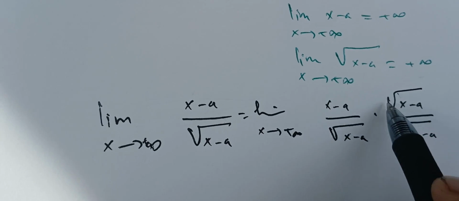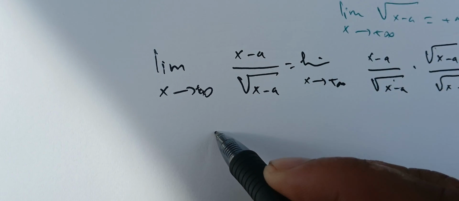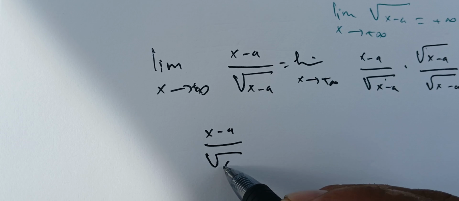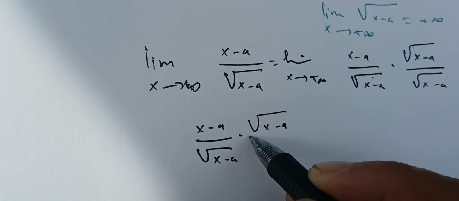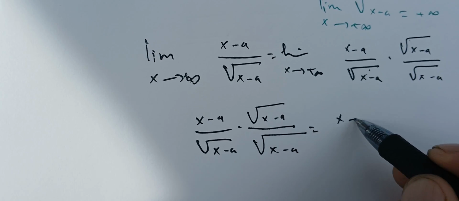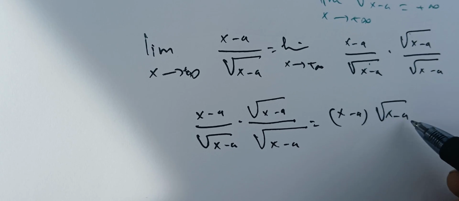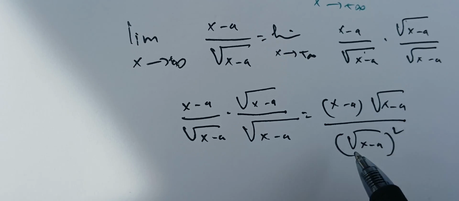So next, we see that we can simplify, because x minus a over the square root of x minus a, times the square root of x minus a over the square root of x minus a, is going to be x minus a times the square root of x minus a on top, but on the bottom we're going to have the square root of x minus a squared.